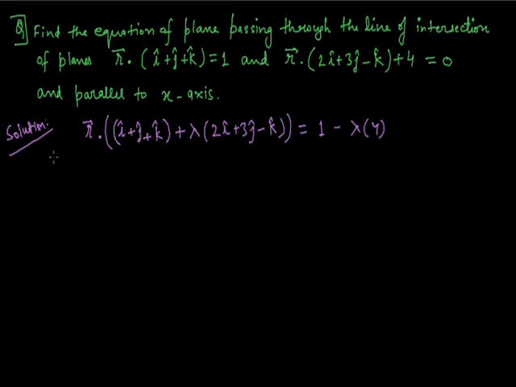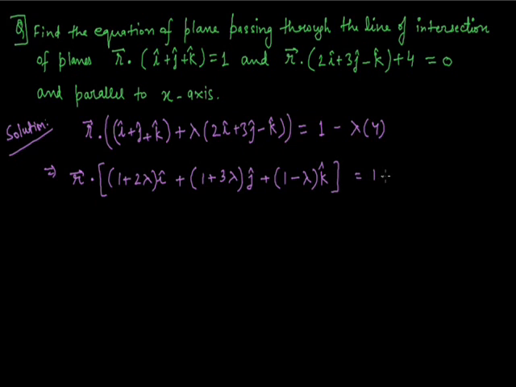This is the equation. After simplification, it will become r vector dot, we take i cap common from here and here, so we will get (1 plus 2 lambda) i cap plus (1 plus 3 lambda) j cap plus (1 minus lambda) k cap equals to 1 minus 4 lambda.